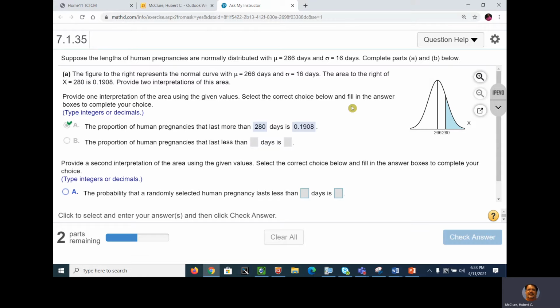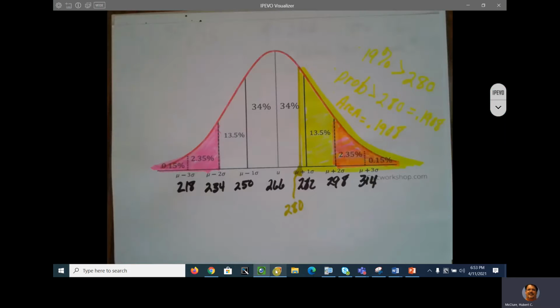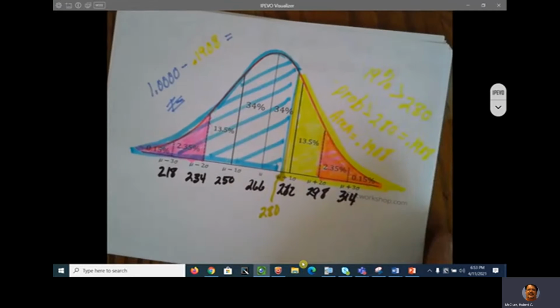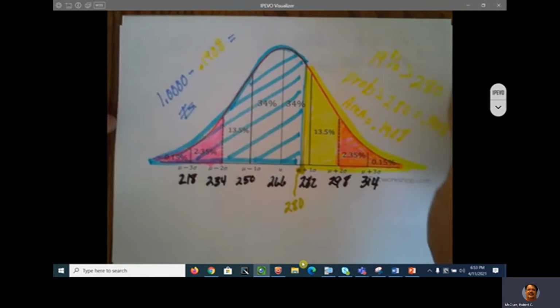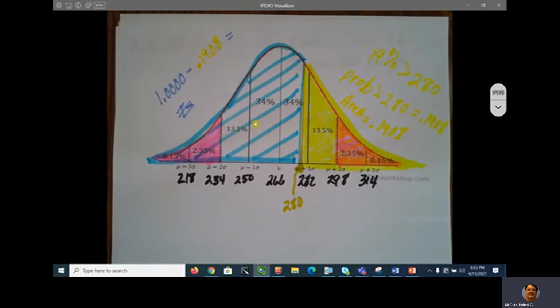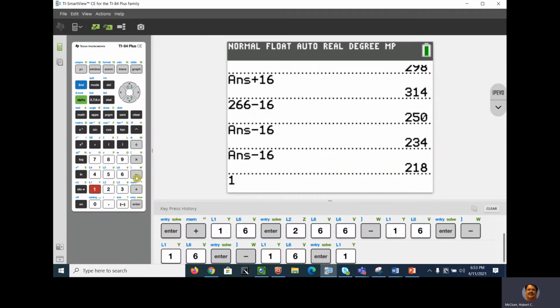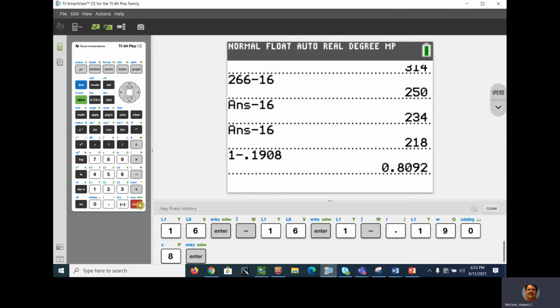is equal to, well, let's do it on the calculator so we can make sure everybody understands what we're doing. So I'm trying to find this blue area. So 1, the whole area under the curve is 1, minus the yellow side, which is the right side, is equal to the left side. So calculator 1 minus 0.1908. I got 0.8092.